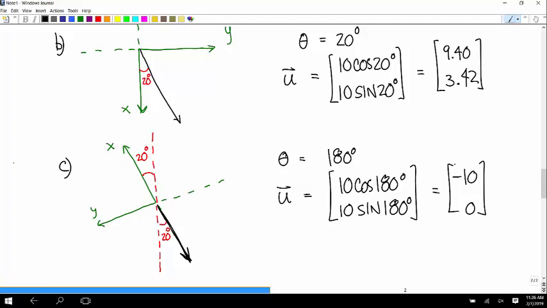If this is your coordinate system, you go a distance of 10 along the negative x-axis, and then you're there. You don't have to go anywhere. You're already at the head. So there's no trip parallel to the y-axis that you have to take. Any questions about that?